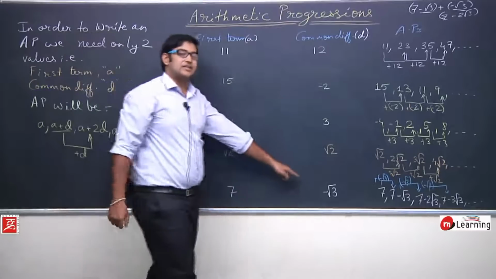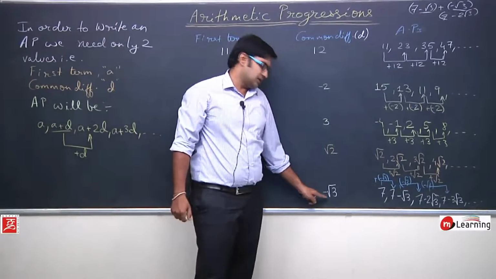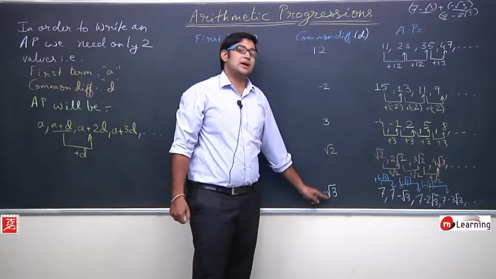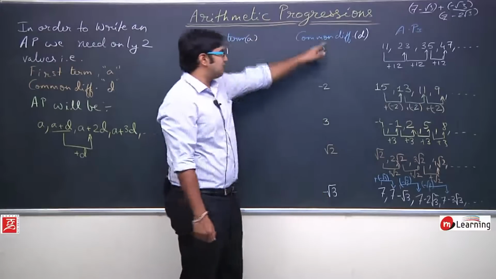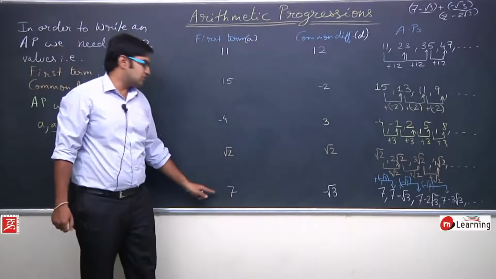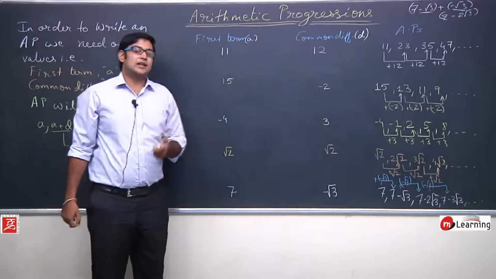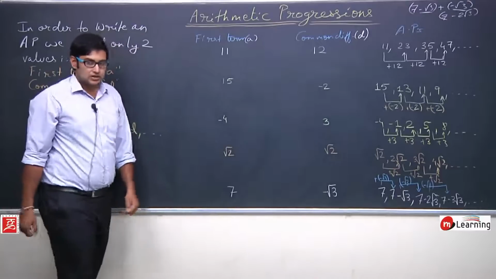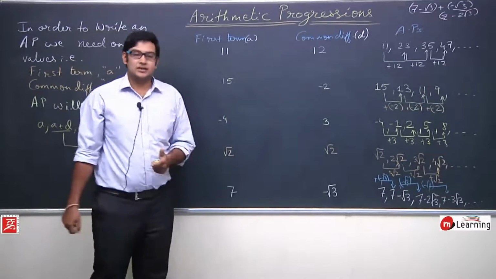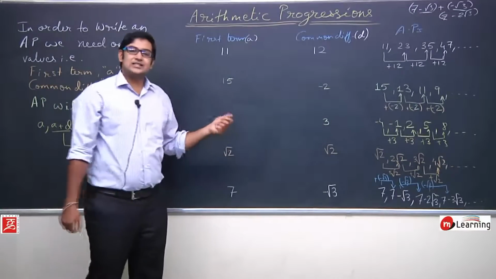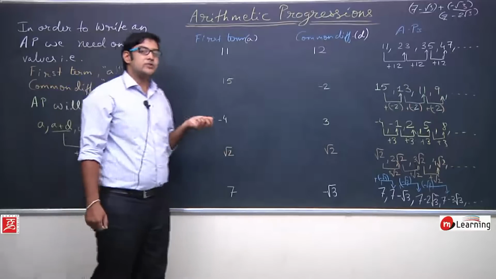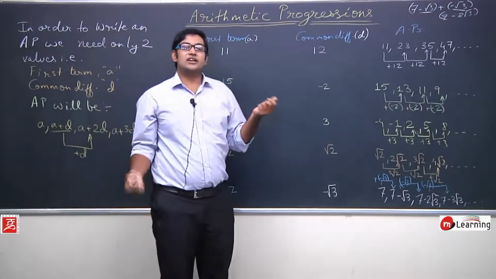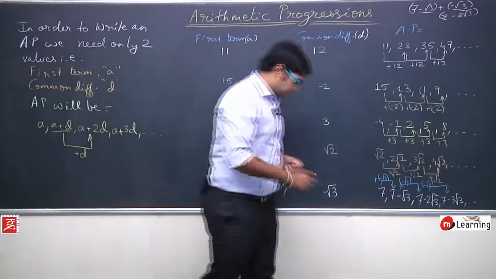It is a decreasing arithmetic progression, because this is minus root 3, that's why this is a negative value. That's why this arithmetic progression is a decreasing arithmetic progression. Okay. So these are some common examples of arithmetic progression. You can note this, then we will discuss some questions from the practice sheet based on our understanding of this concept.